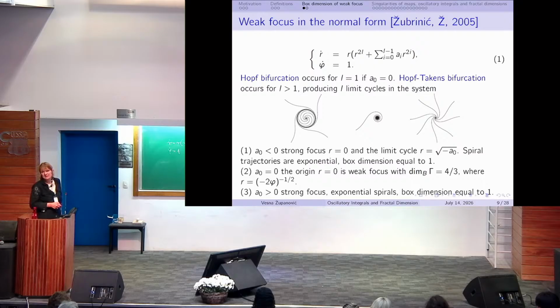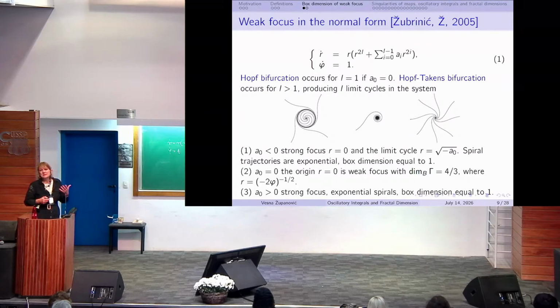It is possible to apply, very simple, to apply Tricot formula, and then we obtain 4/3 for this curve. And then when we go there, A0 is smaller than 0. Again, we have strong hyperbolic focus, but limit cycle is born. Here you can see that here limit cycle is born.